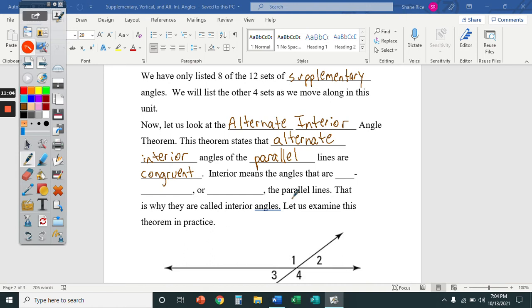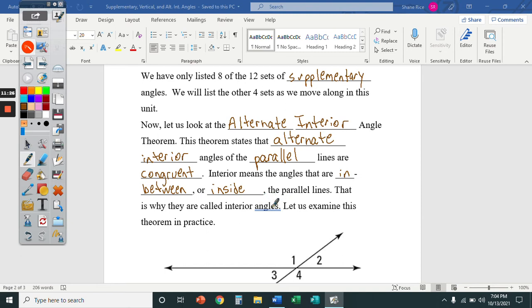Okay, now what do we mean by alternate interior? So let's break down those 2 words and see what it means. So first of all, interior means that the angles are in between or inside the parallel lines. That's why they are called interior angles.